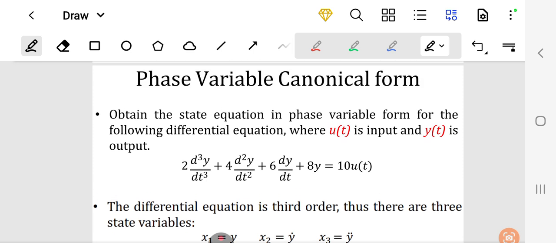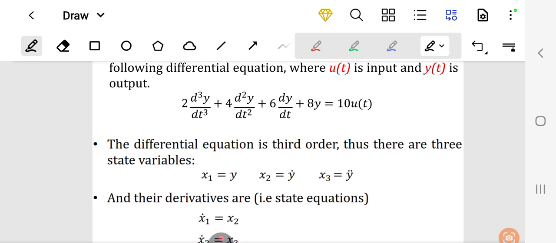First, we will see the phase variable canonical form. Obtain the state equations in phase variable form for the following differential equation. We will now obtain the phase variable form for the differential equation given. We will take the system states as follows.